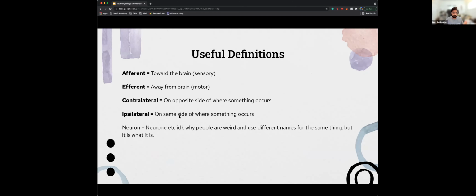A couple of really important things are contralateral and ipsilateral, especially when they ask where it decussates. It just means where it crosses over, to the same side or the opposite side. It can't hurt to know these.